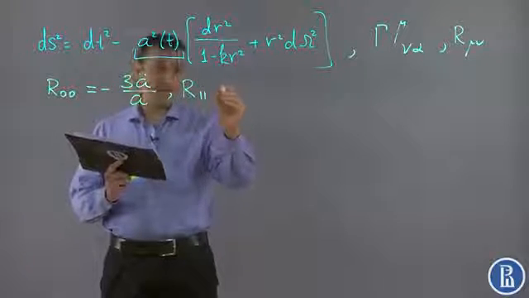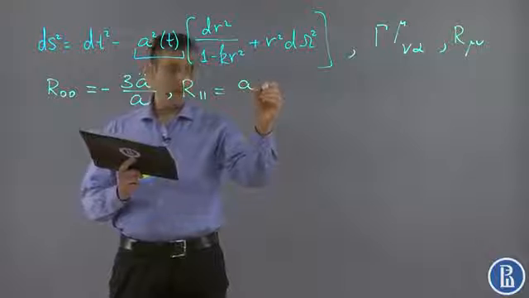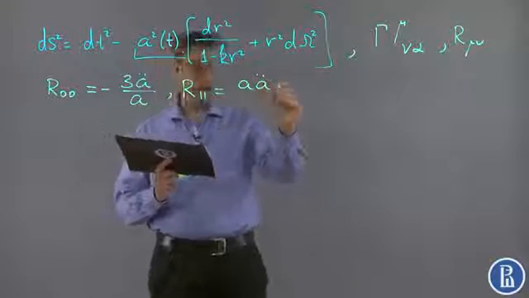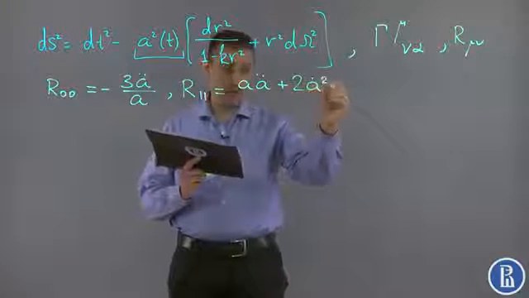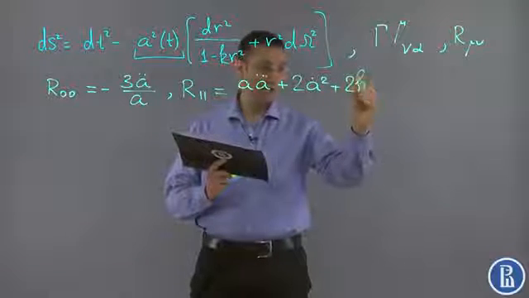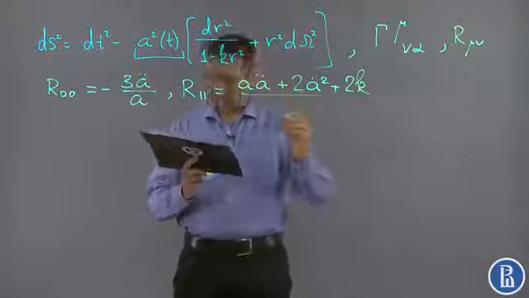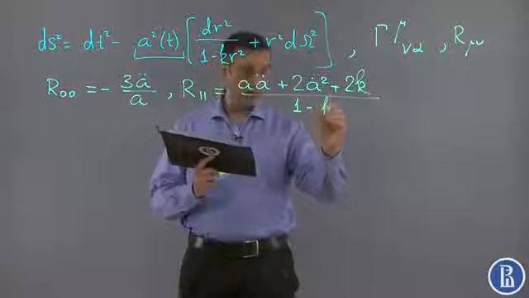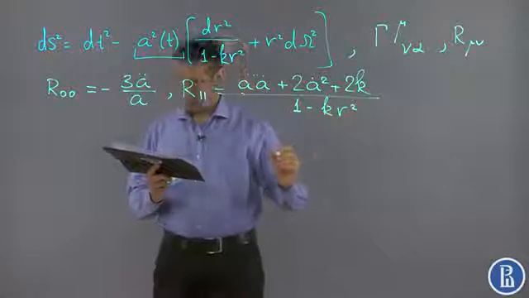R11 is a times a double dot plus 2a dot squared plus 2k, over 1 minus k r squared.